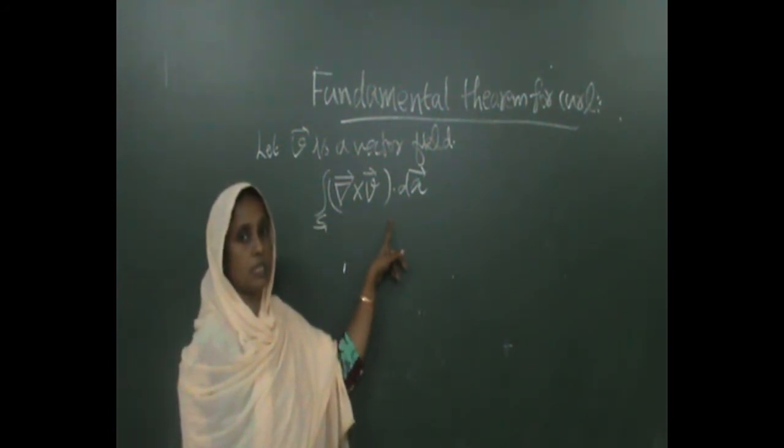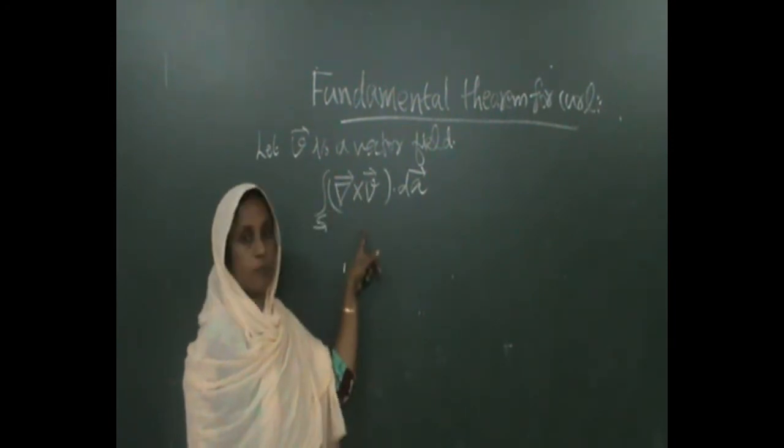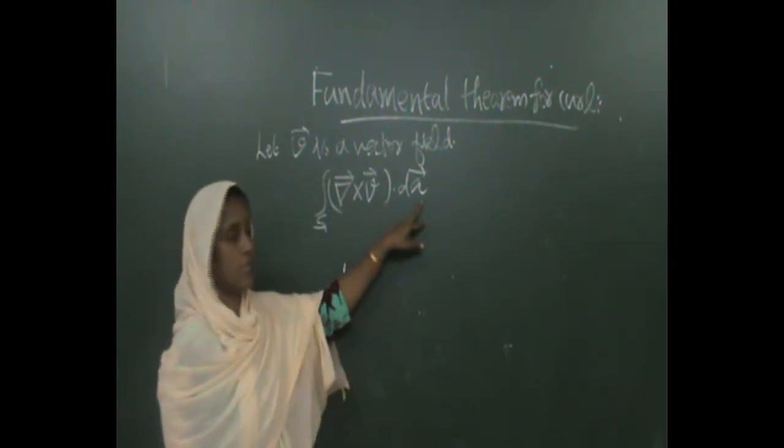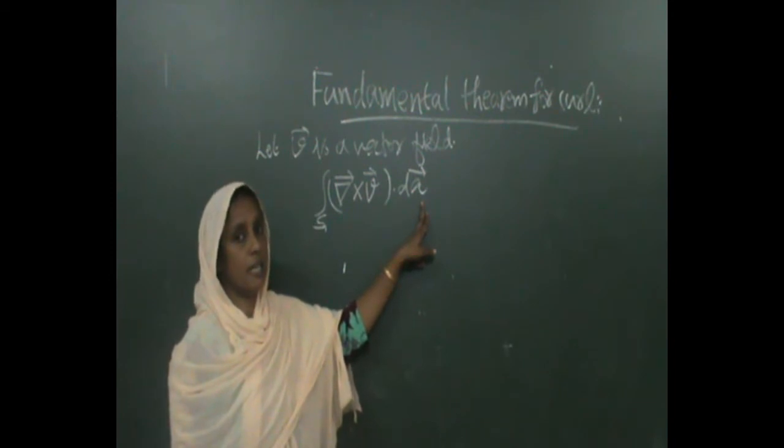Del cross V represents the curl of the vector field V, dot dA, where dA is the elementary area vector.